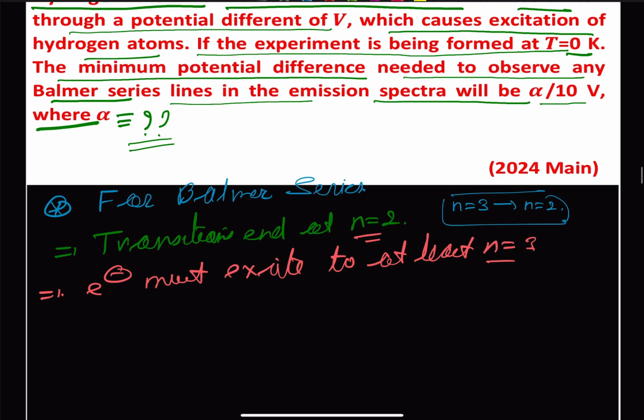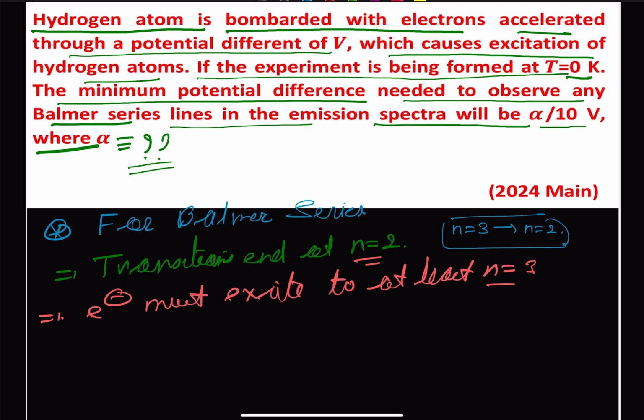But first of all, the hydrogen, or we can say the energy, is going to start from the ground level, that is n is equal to 1, and jump to n is equal to 3. So that energy we have to first of all find out.